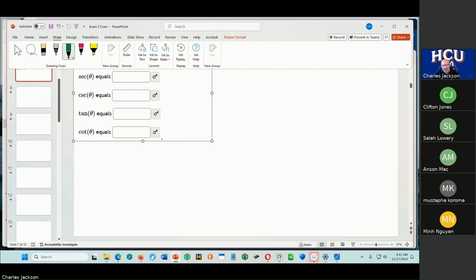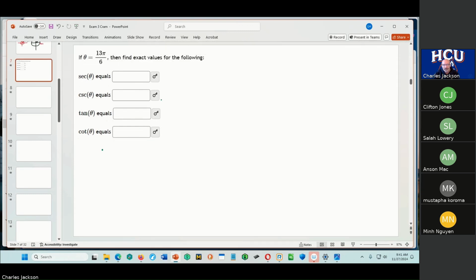Okay, so secant theta, secant 13 pi over 6. Well, that's more than 2 pi. If you subtract 2 pi, which is 12 pi over 6, you would have pi over 6. Secant pi over 6.